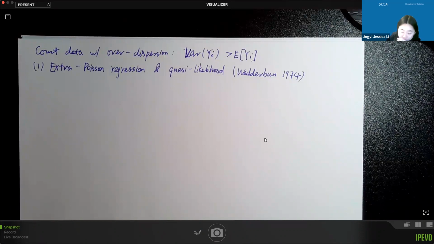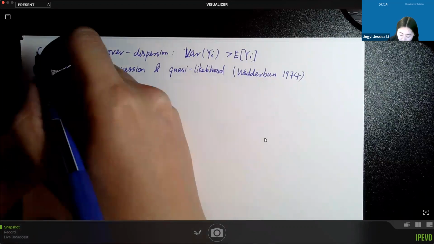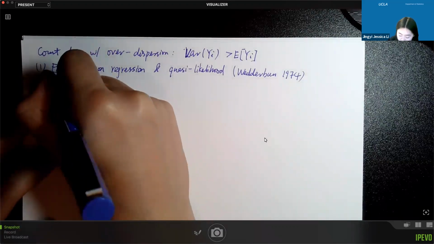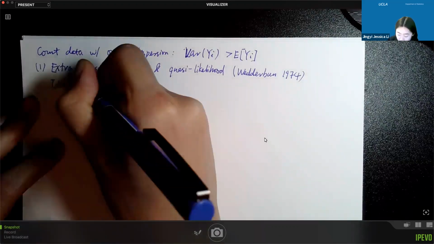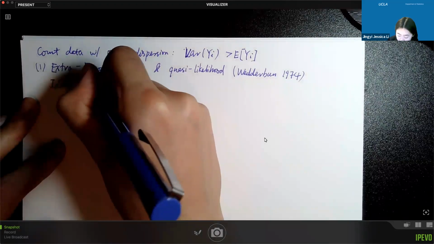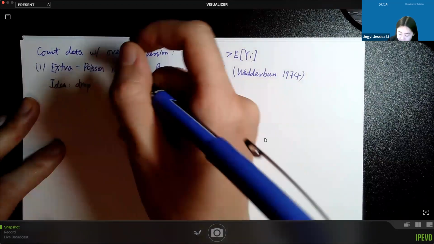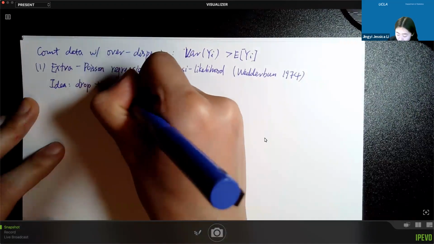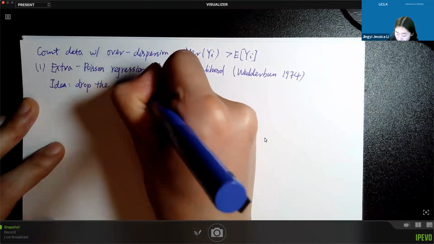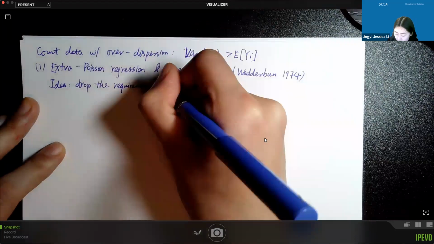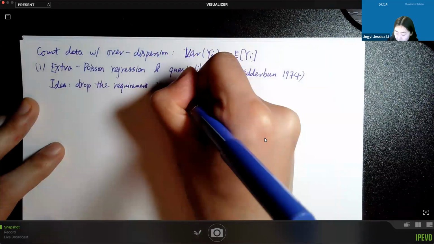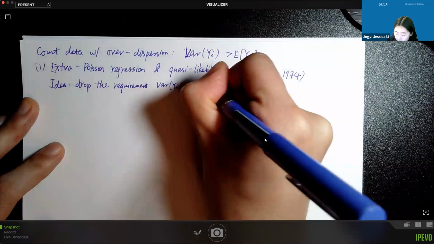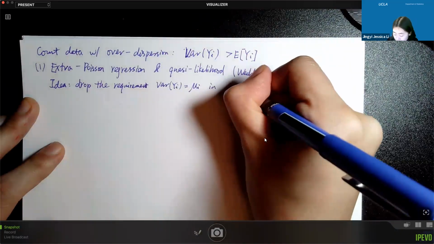Okay, so what they want to specify, the idea is to, in the random structure, drop the requirement that variance of y_i equals mu_i in the random structure.